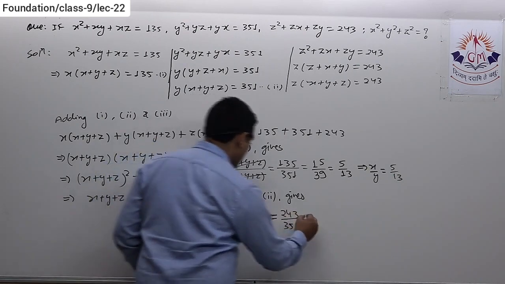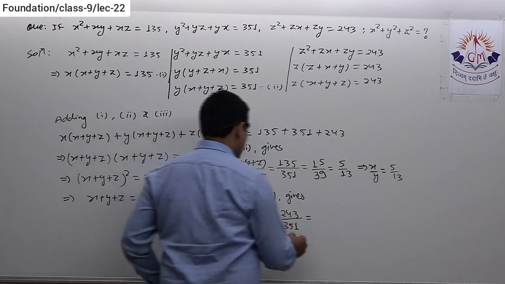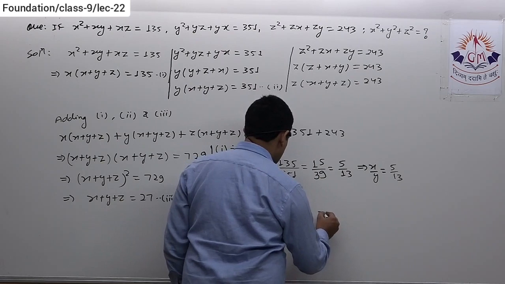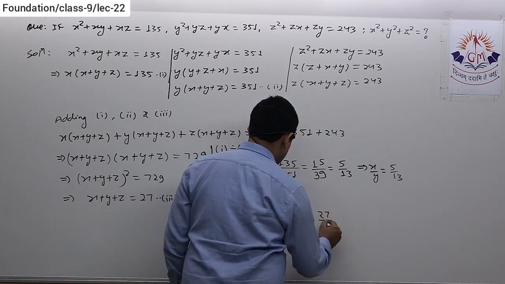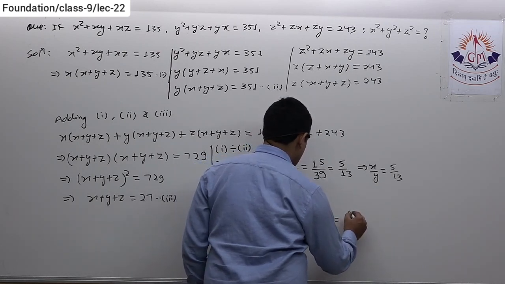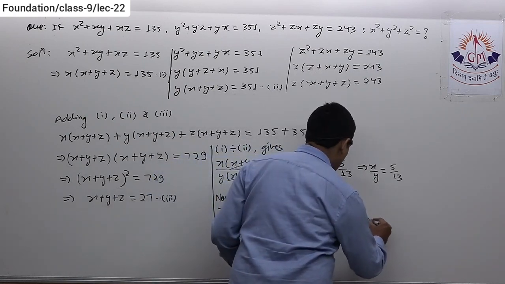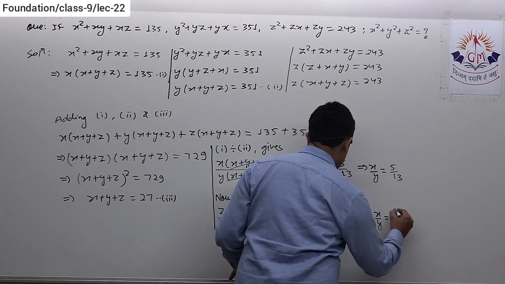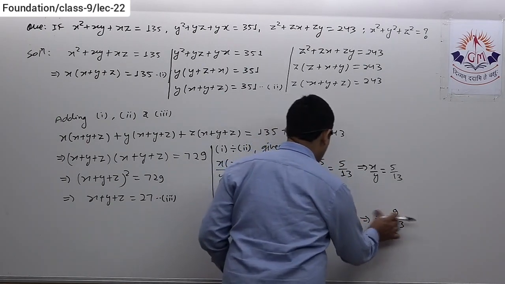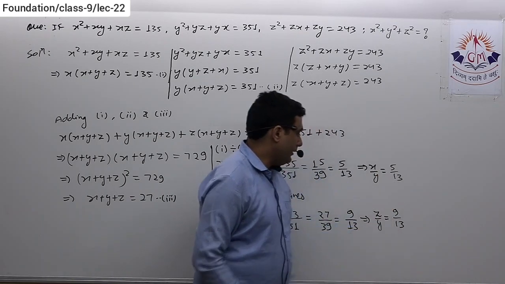Here again this cancels out, and both numbers are divisible by 9. When I divide by 9, this gives me 9 upon 13. Sorry, not x upon y, actually z upon y. So x upon y is this and z upon y is this.